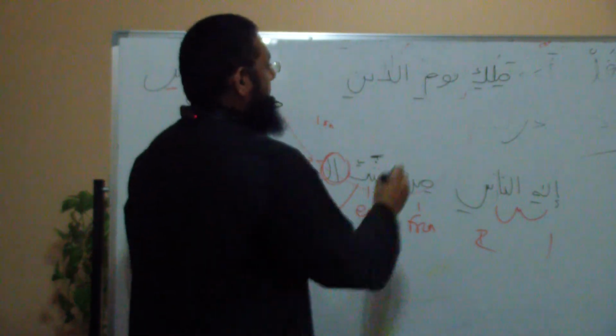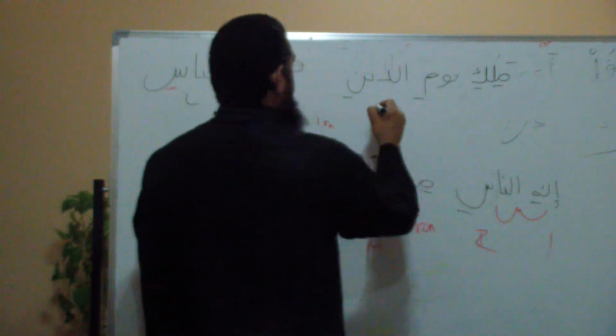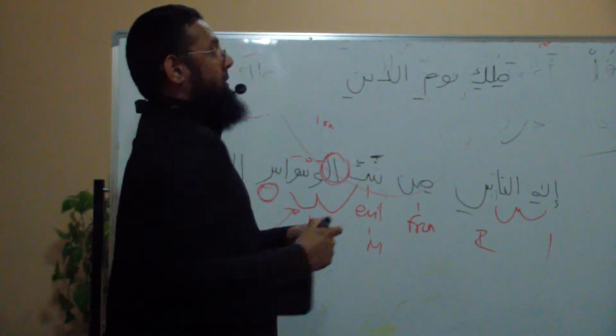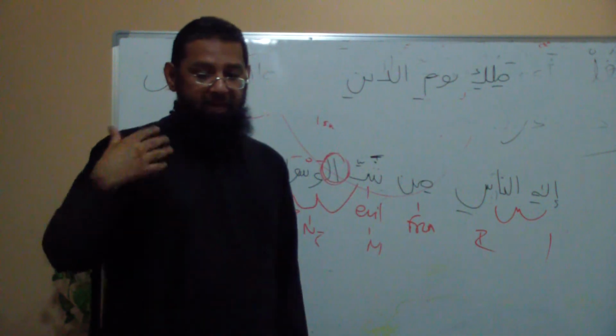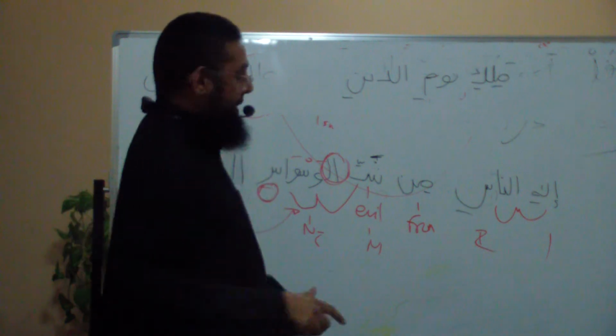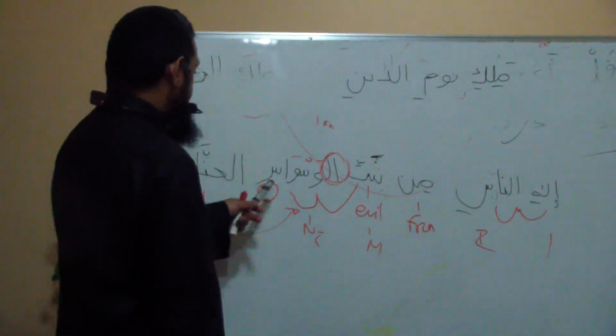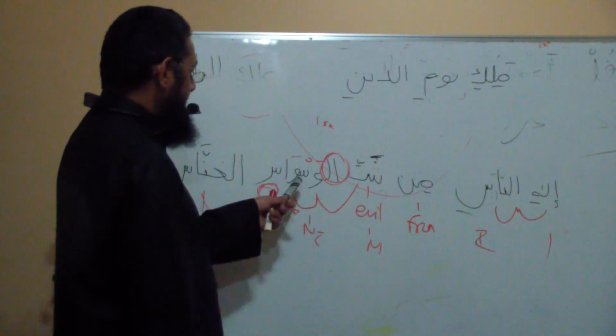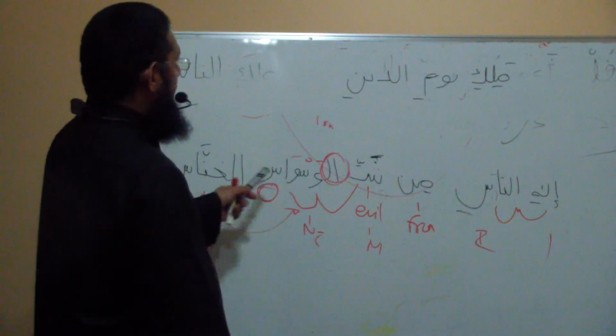So you've got Maliki in kasra, you've got Yawmi and Dini. We know the meaning was Maliki Yawmiddin, master of the day of judgment. And you're saying Sharrul Waswas al-Khannas, evil of the Waswas of the Khannas. Here, Maliki is the king. It's idafa number 1. Yawm, of the day.